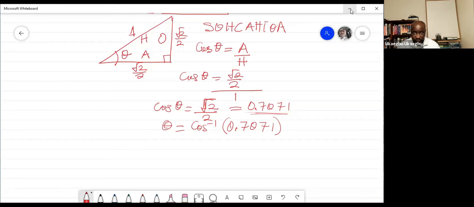Boom. Look at what it gives us. That's 45 degrees. So let's get back to our screen. The angle is equal to 45 degrees.